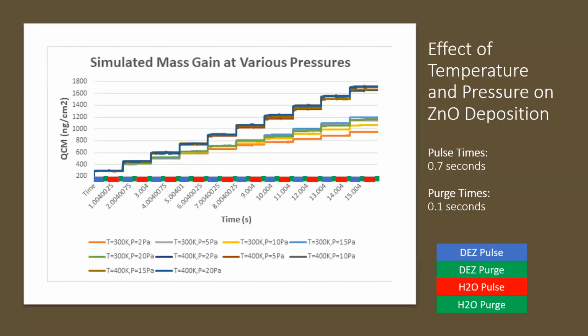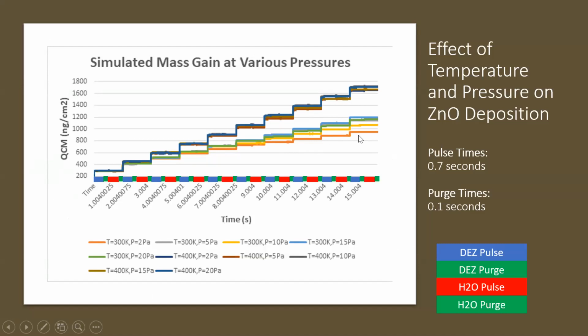So here is some data that we've gotten from the zinc oxide code. You can see this is mass in nanograms per centimeter squared, and then time on the x-axis. This curve has two forks, two branches. The upper branch is deposition at 400 Kelvin. The lower branch is deposition at 300 Kelvin.